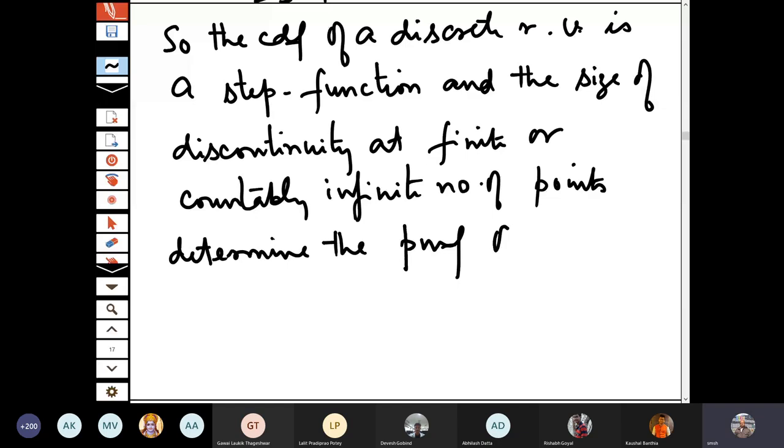Okay, so that's all. This is a very clear-cut representation of the probability mass function.